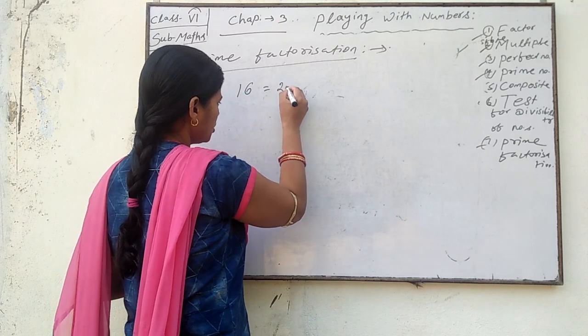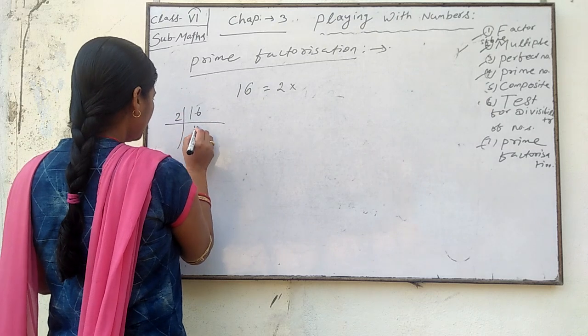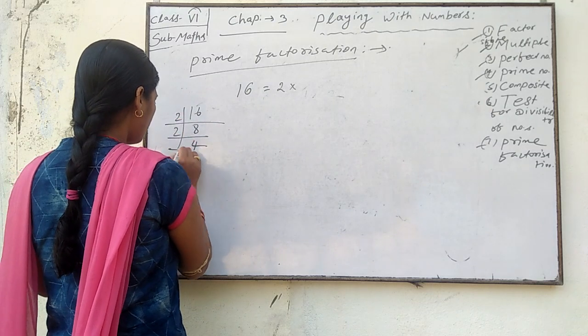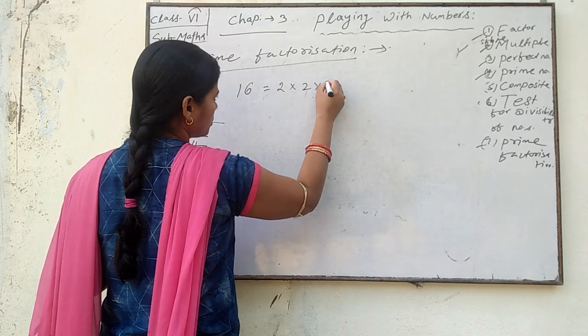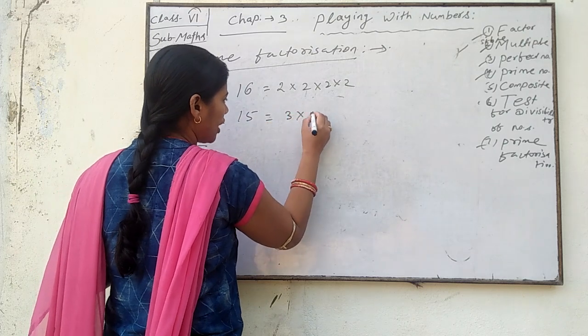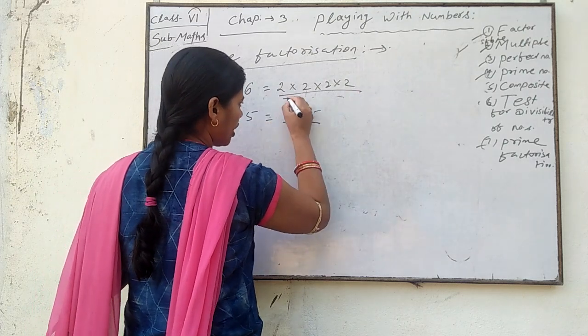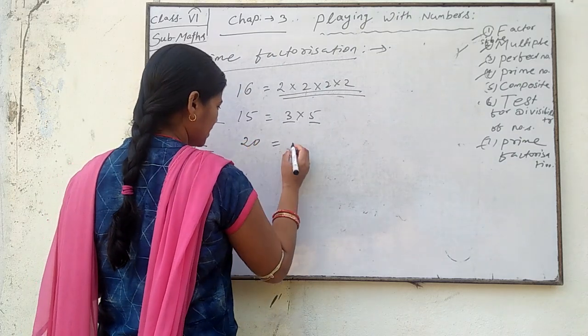Look, 16 with the 2. Look here. 16 is 2 times 8, 8 is 2 times 4, 4 is 2 times 2. These are only prime numbers. Suppose 15: 3 into 5. Both are prime numbers. Suppose 20.